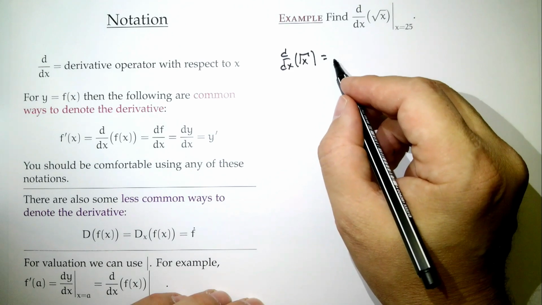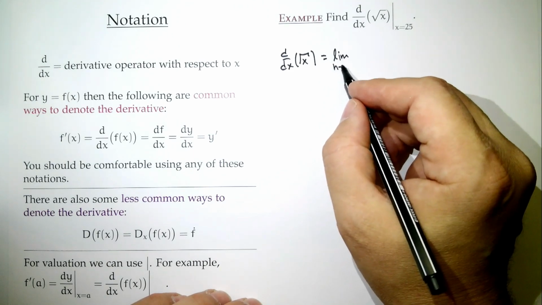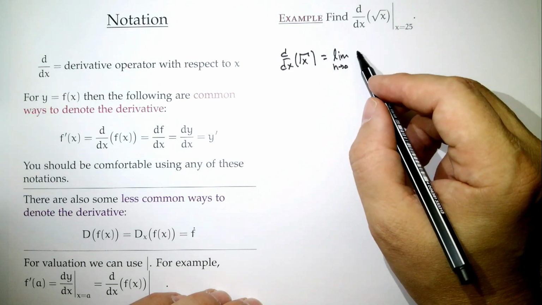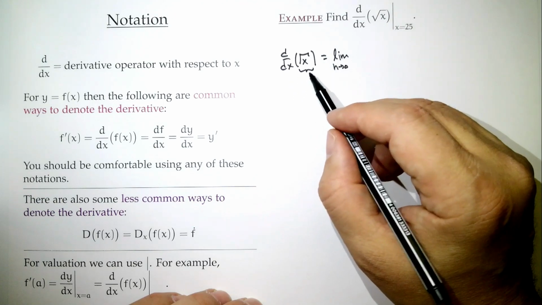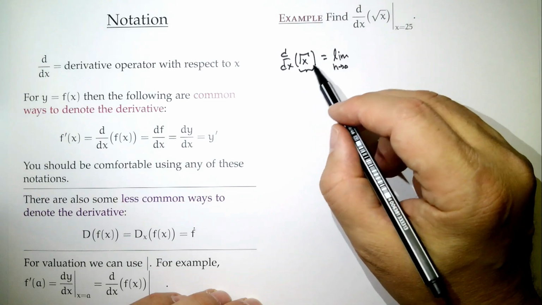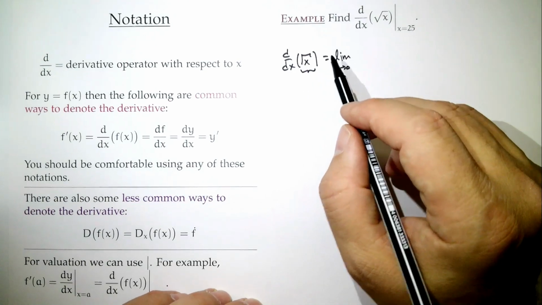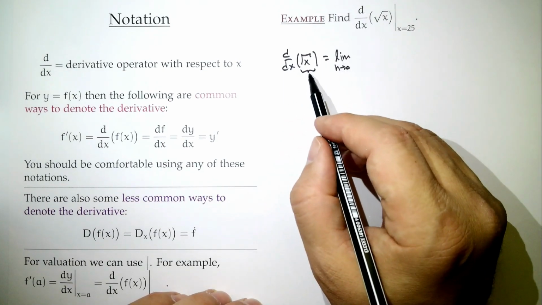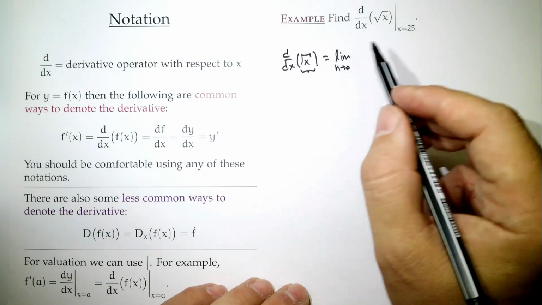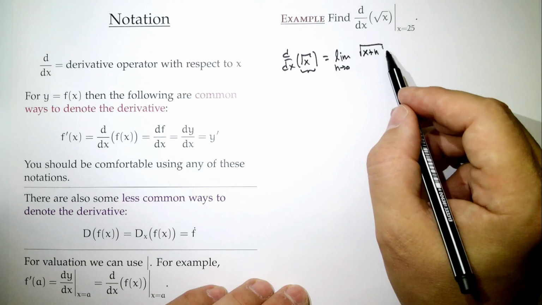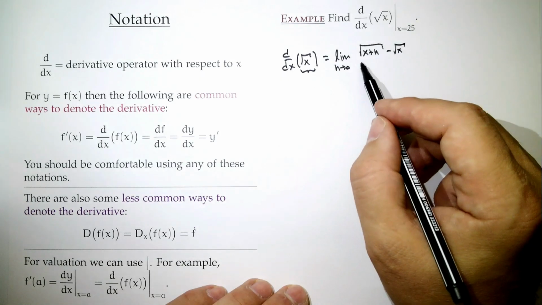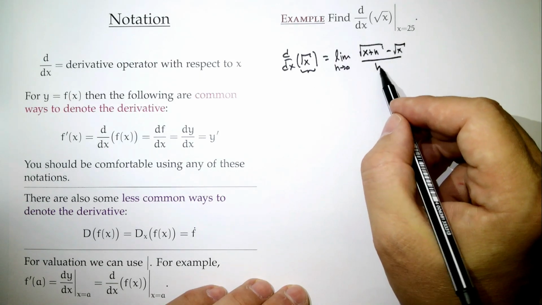Well, that's the limit as h goes to 0 of, now what's our function? Our function is what we're taking the derivative of. So if we go back to our terminology of operators, we're taking the derivative operator of square root of x. So here, our function is square root of x. So square root of x plus h minus square root of x, all over h.